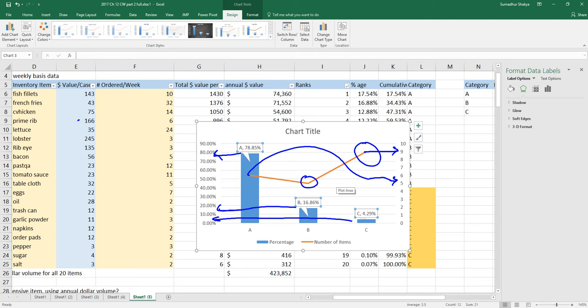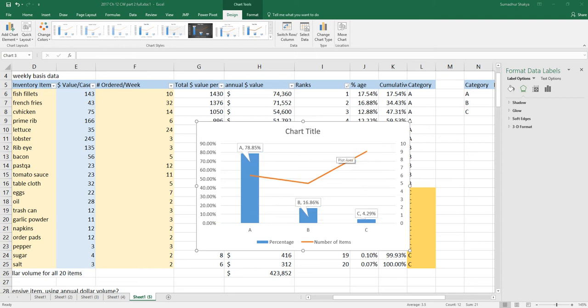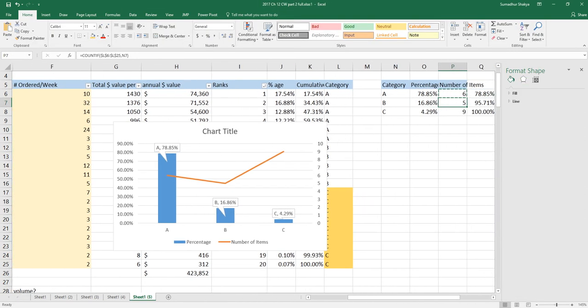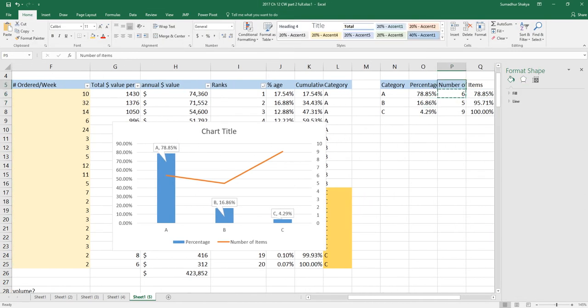Another way, if it's not very clear, this is just FYI, not even asked in the question, but let's say if you were to say, how do I get rid of this? Okay, better. You can also present these instead of number, you can say percentage of number of items.